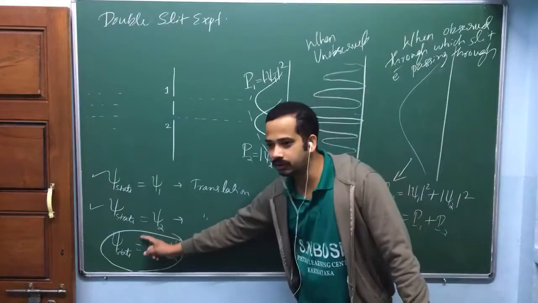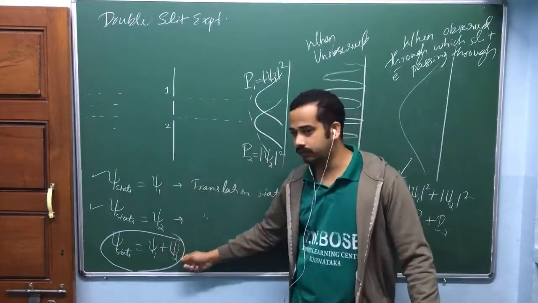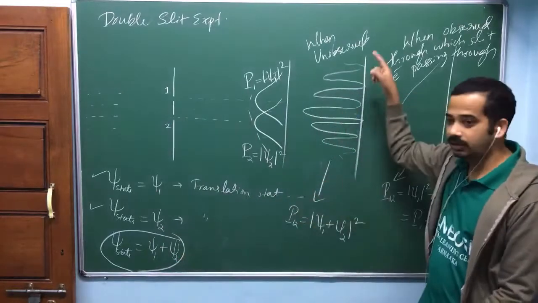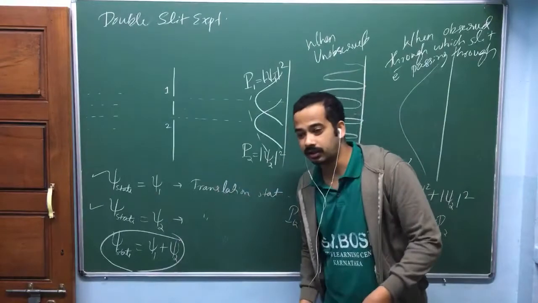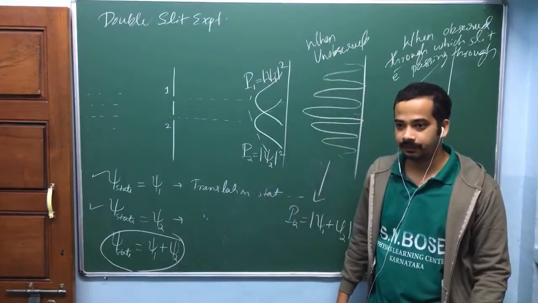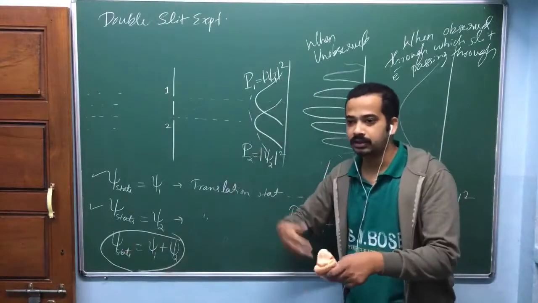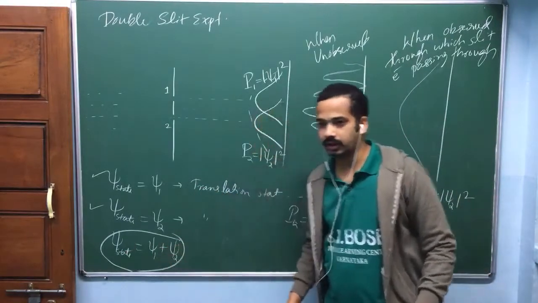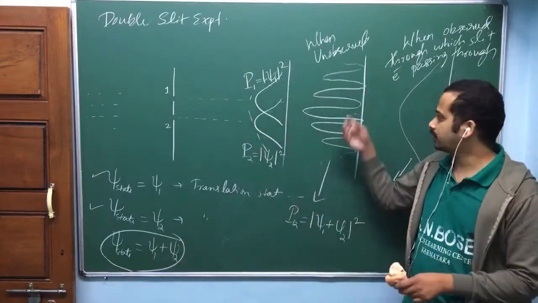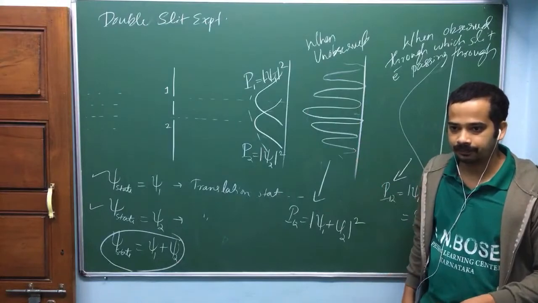Observing some consequence of this, by doing some observation, this consequence will be there as a result of something else. The superposition state will manifest itself as some other experimental outcome. That is our interference pattern here.